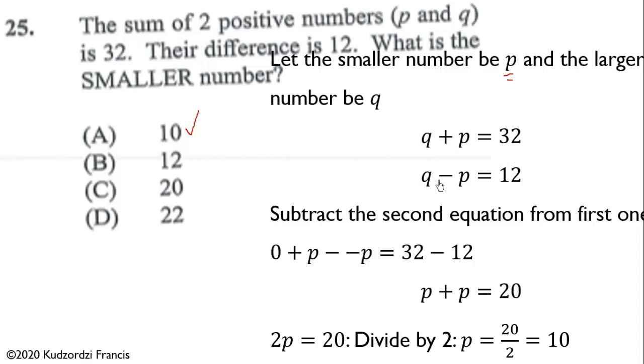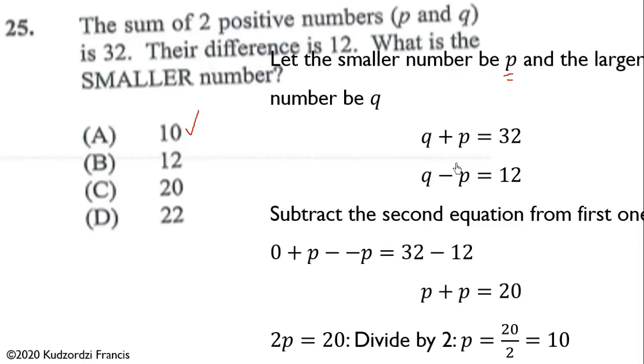Now if you put 12 here, you get 12 minus p is equal to 12. Sorry.